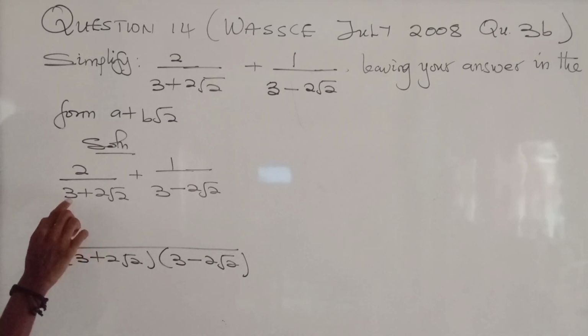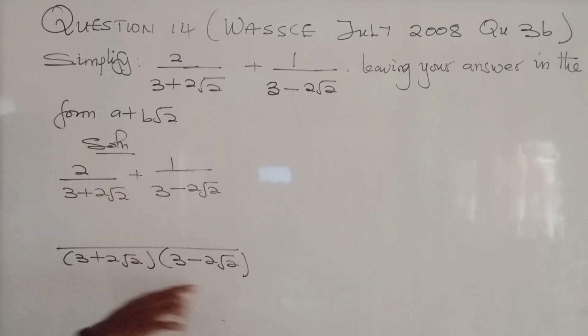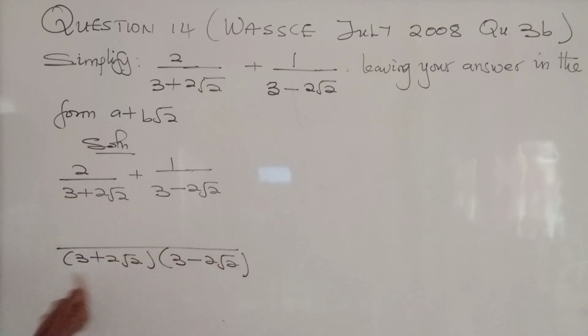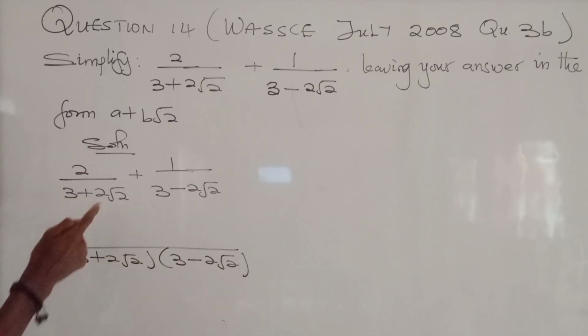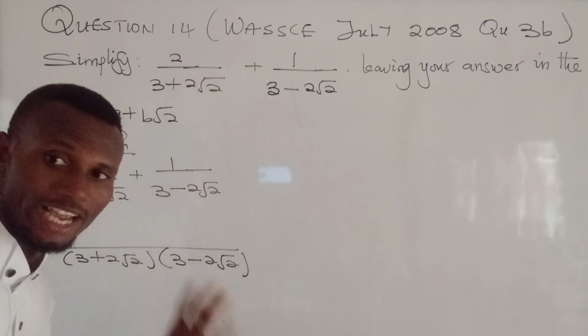Now we are going to take this 3 plus 2 root 2 and divide it into the LCM. When this 3 plus 2 root 2 divides the LCM which we have here, it will cancel this 3 plus 2 root 2 away. I hope you understand and you agree with me.